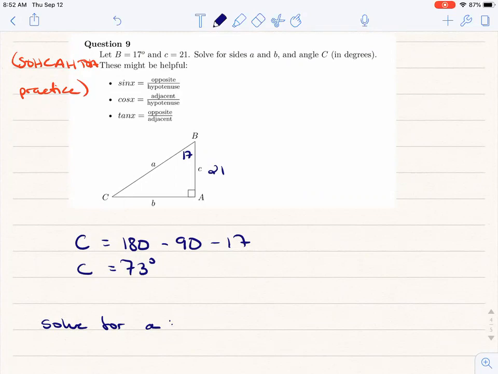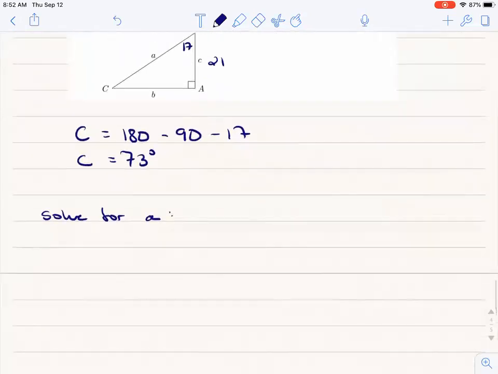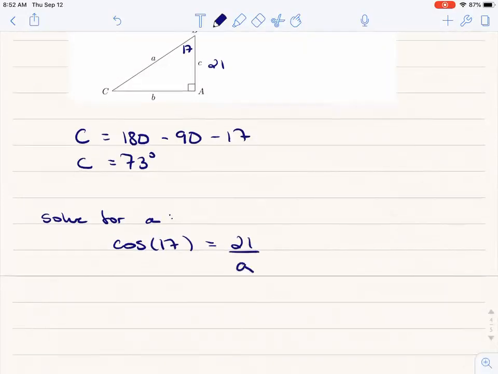C I know is 21, and that's my adjacent. So I'm looking at cos x is the adjacent over the hypotenuse. So the cos of 17 is the adjacent over the hypotenuse A, which is what I'm trying to solve for. Adjacent is across from?